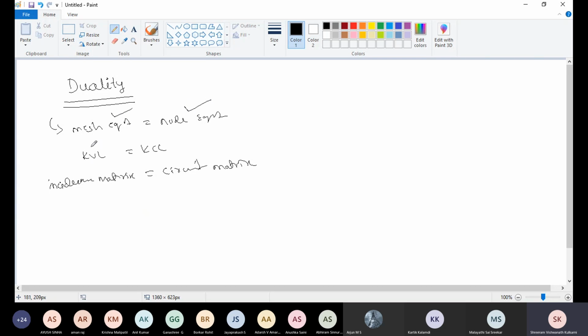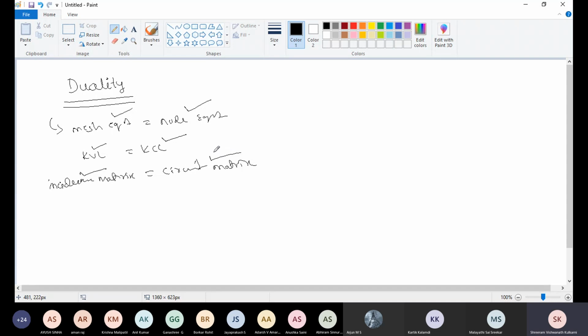That is nothing but the KVL equations of one network equal the KCL equations of the other network. If I write the incidence matrix for the first network, that should equal the circuit matrix of the other, dual network.